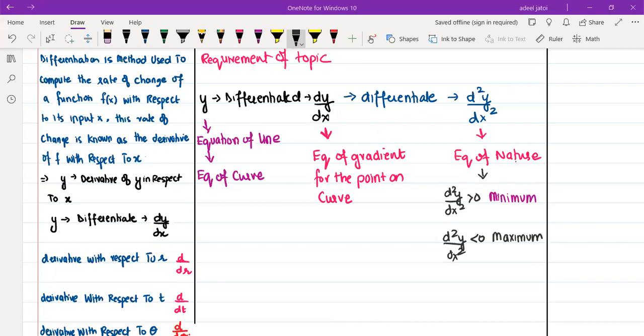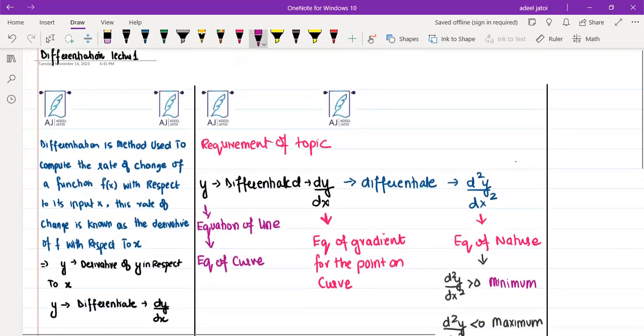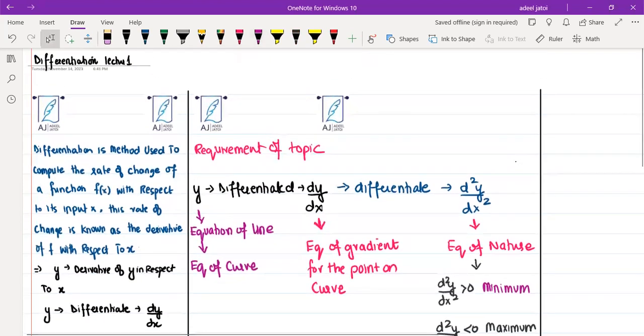So moving further, knowing the fact that when we differentiate y, we get dy upon dx, that dy upon dx is basically the equation of the gradient. Then when we differentiate dy upon dx, we get d2y upon dx square. What is most important here is to understand why there is a need to differentiate.